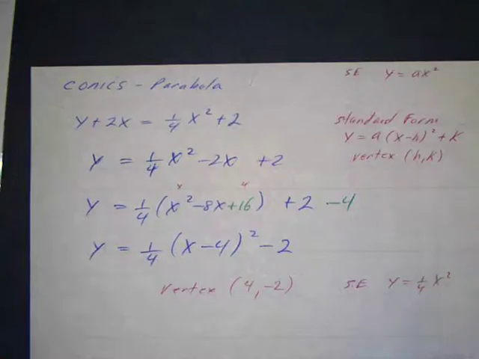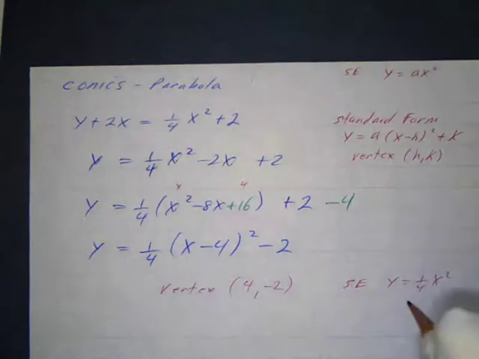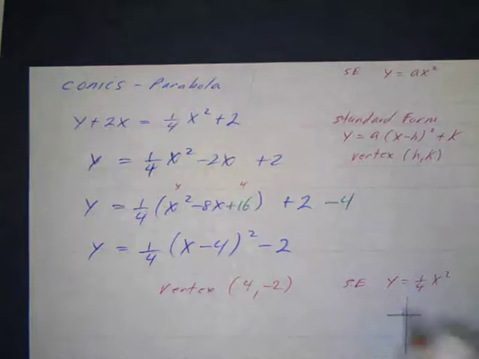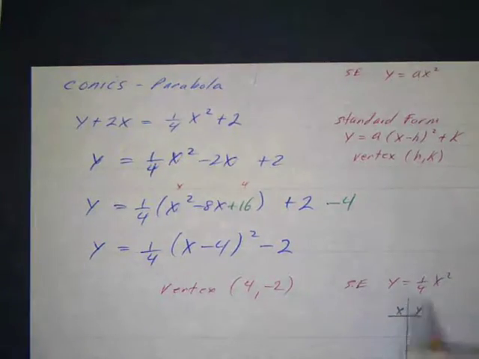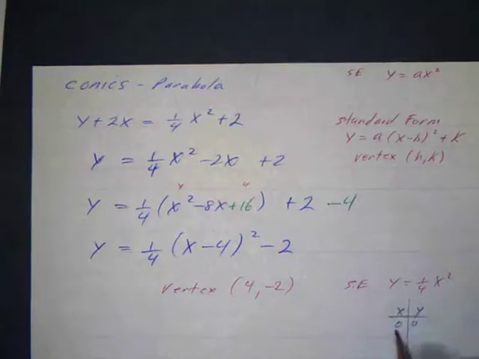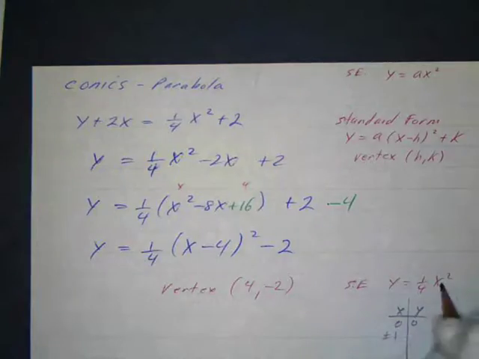So I can use a table of values and get a few points to get a good shape on this. When x is 0, y is 0, and I'll try some multiples of 4 that'll work. I could try 1. 1/4 of 1 is, I could try plus or minus 1 because either way I'm going to get 1, and then it's going to be 1/4.